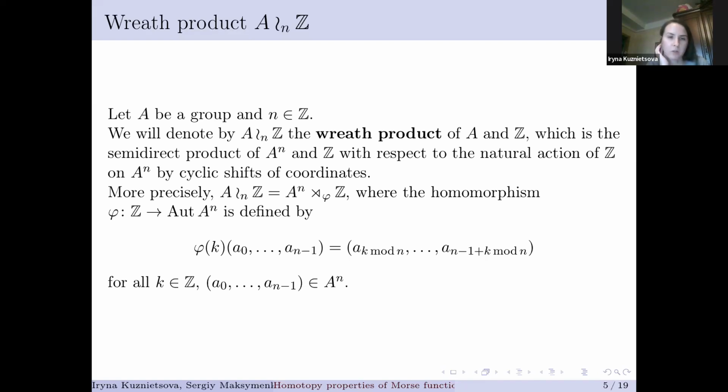So it's the following semi-direct product where the homomorphism φ is defined by the following formula. For an integer k and a sequence a_0, ..., a_{n-1}, it cyclically shifts them as a_{k mod n}, ..., a_{n-1+k mod n}.